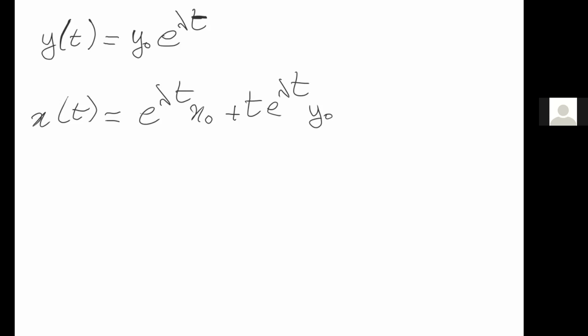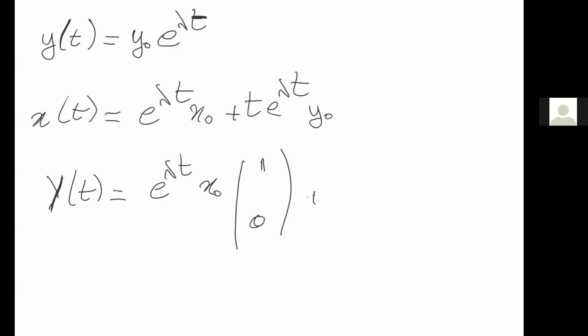So this means that I can write the solution as, for example, exponential lambda t times the matrix with rows (1, t) and (0, 1), applied to (x0, y0).